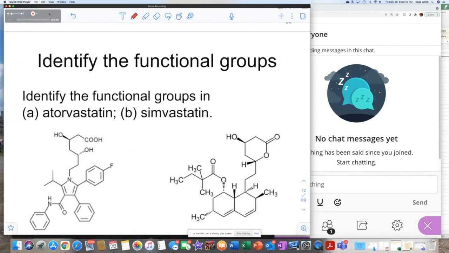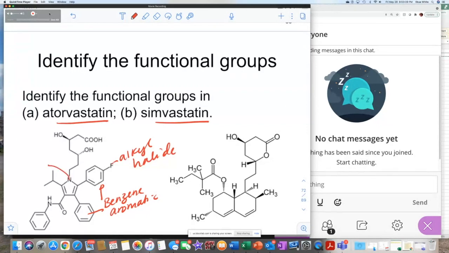Okay, so here, identify functional groups in these two. These are statins, which are cholesterol controlling medications. So we're going to go through this real quick. I can see some benzene rings here. Benzene, aromatic. Real quick. I see an alkyl halide, right?